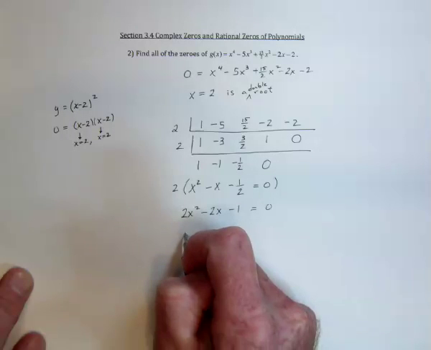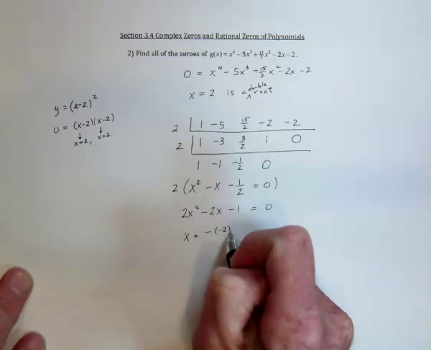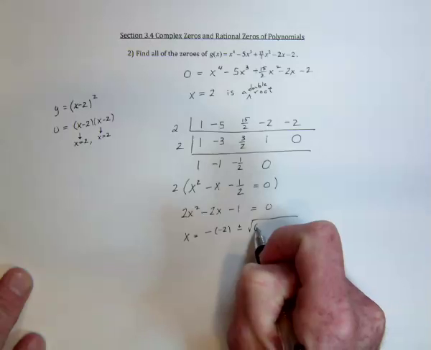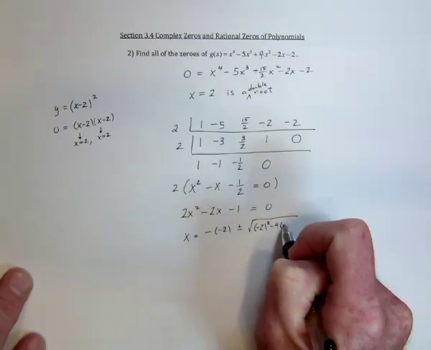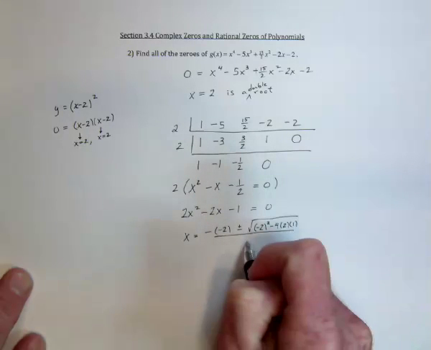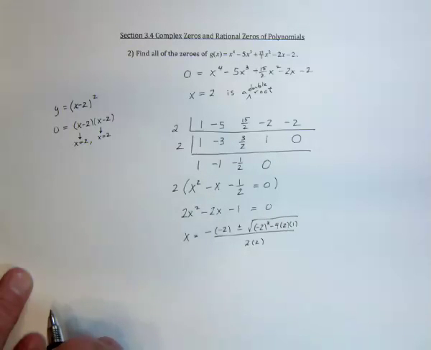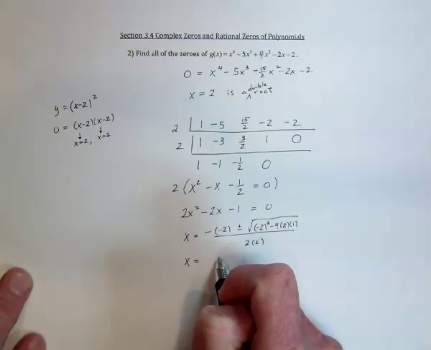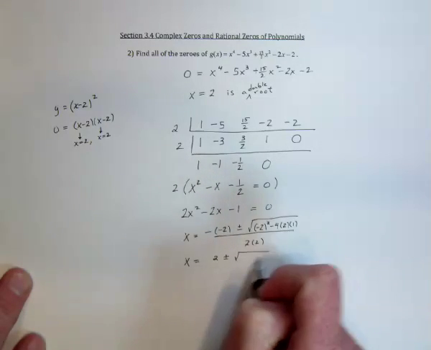And then the quadratic formula. So x is equal to negative b plus or minus the square root of b squared minus 4 times the a and times the c. The whole thing is divided by 2 times a. So x is equal to a 2 plus or minus the square root.